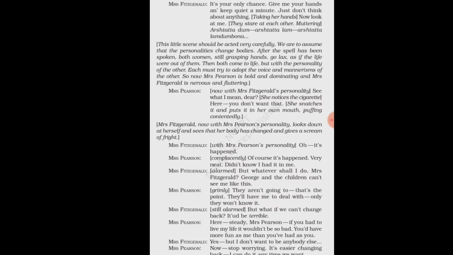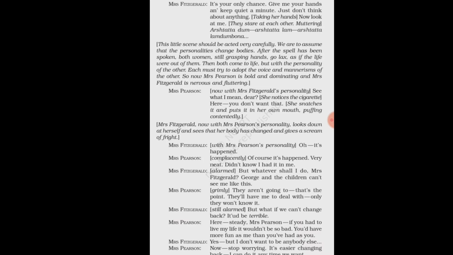Mrs. Person, complacently: Of course it's happened. Very neat, but I didn't know I had it in me. Mrs. Fitzgerald, alarmed: But whatever shall I do, Mrs. Fitzgerald? George and the children can't see me like this. Mrs. Person, grimly: They aren't going to, that's the point. They'll have me to deal with. Only they won't know it.